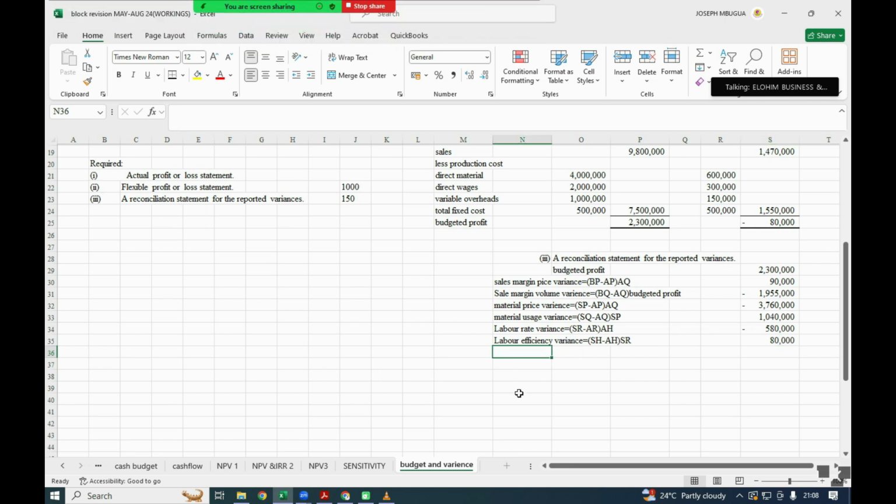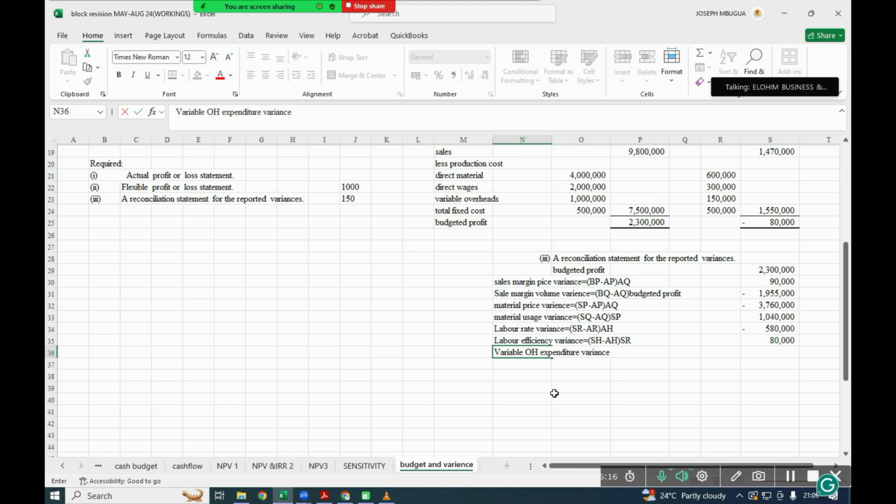And we go to the next, variable overhead. So for the variable again there are two. Variable overhead expenditure variance. And for the expenditure, we said it is actual hours by standard rate.